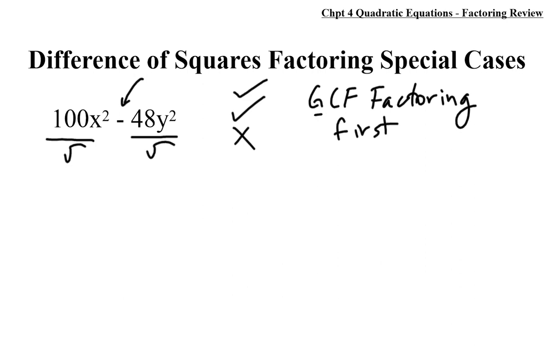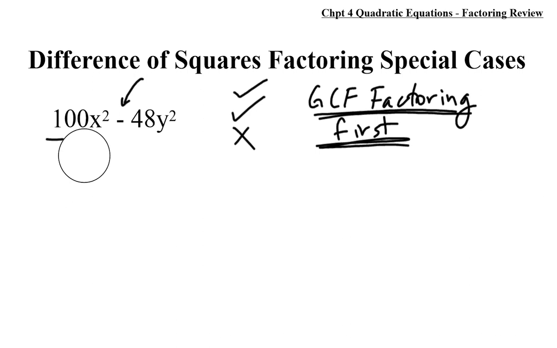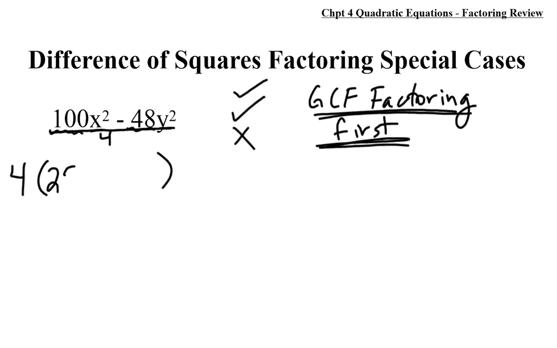Always, every question, look for GCF factoring first. 100x squared subtract 48y squared. Is there a GCF? Well, not with variables, but 100 and 48, common factor of 4. I can divide both of those terms by 4. That'll leave me with 25x squared, and this one will leave me with 12y squared.